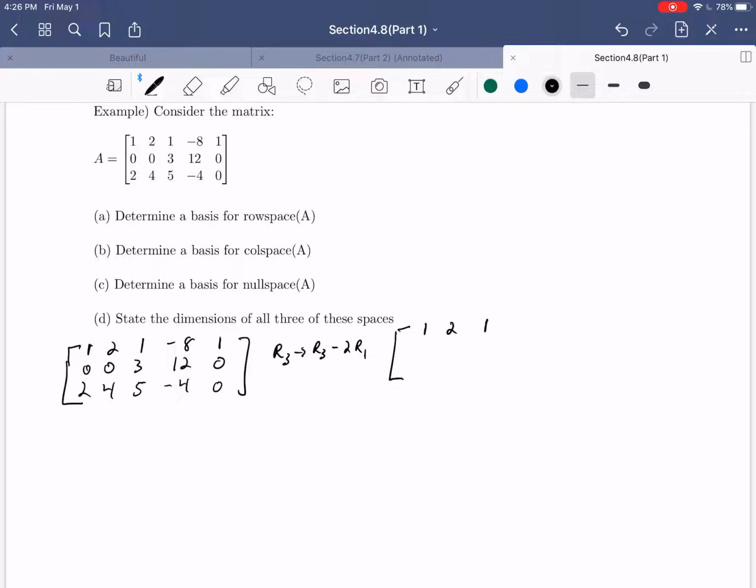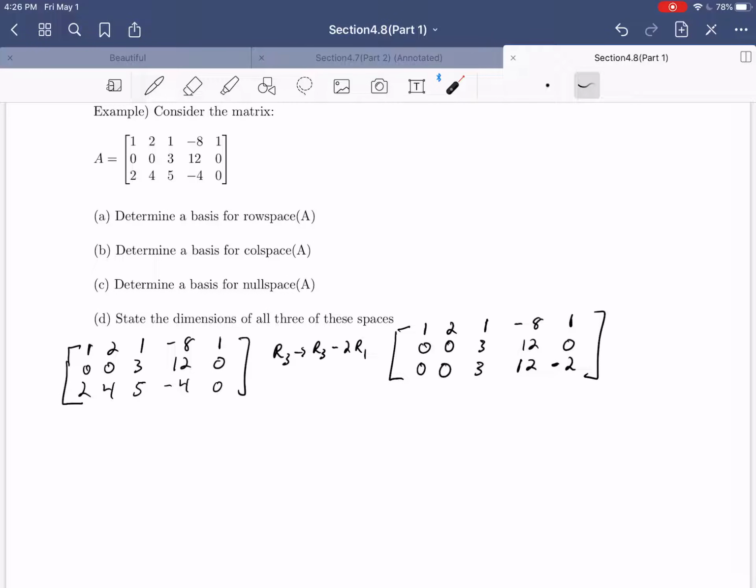So we get 1, 2, 1, negative 8, 1, 0, 0, 3, 12, 0. And then when we subtract here, we get 0, 0, 3, minus 4 plus 16, so that's 12, and then 0 minus 2, so we get minus 2. Okay, so there we go.